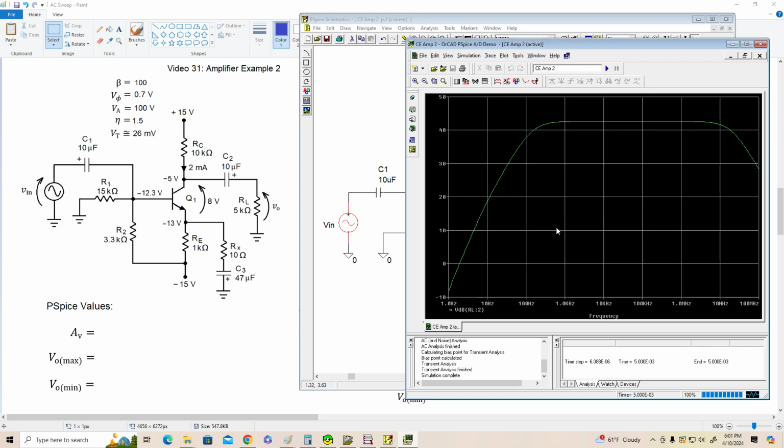And there we go. Okay, so we can see that this amplifier has relatively flat gain from around 100 hertz up to maybe 10 megahertz or so. We can figure out exactly what it is by, again, looking for a 3 dB drop as we go up.